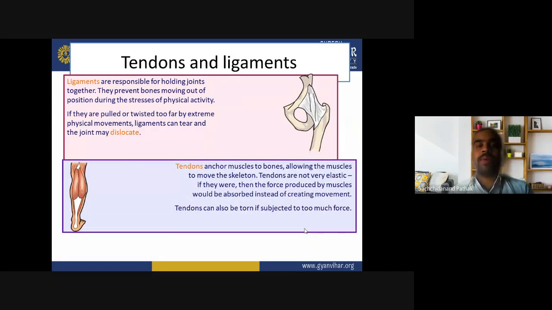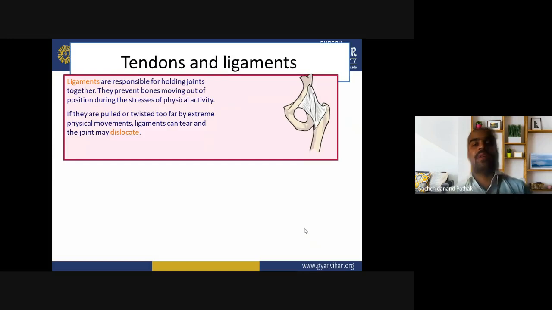Now, what will happen? Okay, see, ligaments are responsible for holding the joints, because we know that between the joints there is a ligament. That makes it comfortable, removes the friction, and acts as a cushion. So during physical activity, when we are exercising, when we are exerting the body, the bones are controlled by the ligaments.